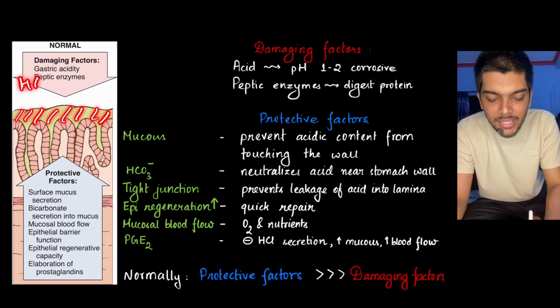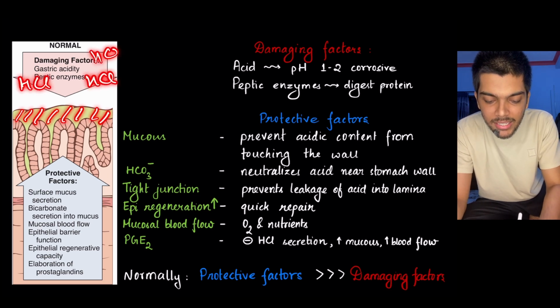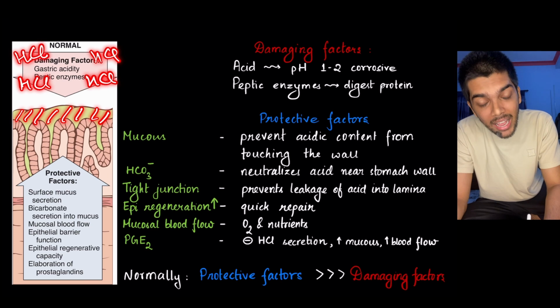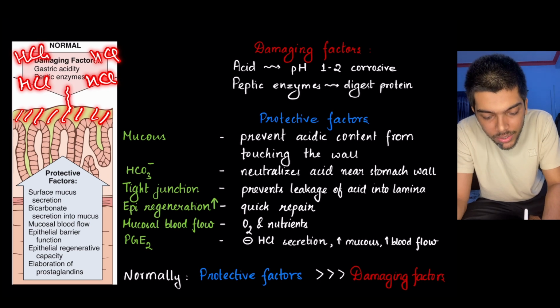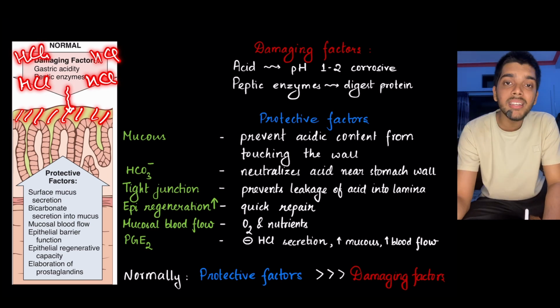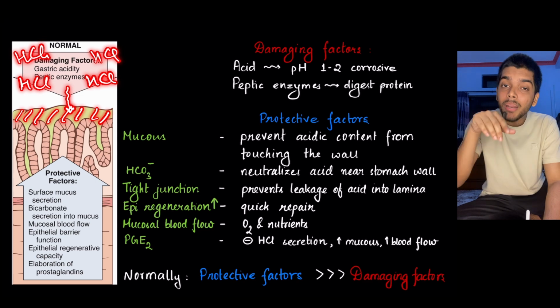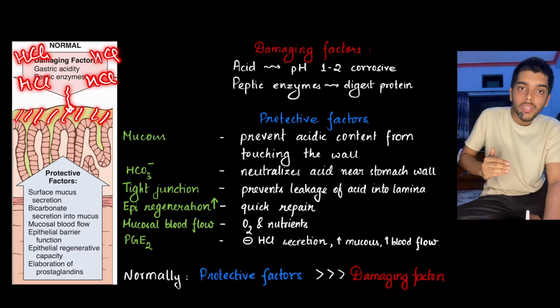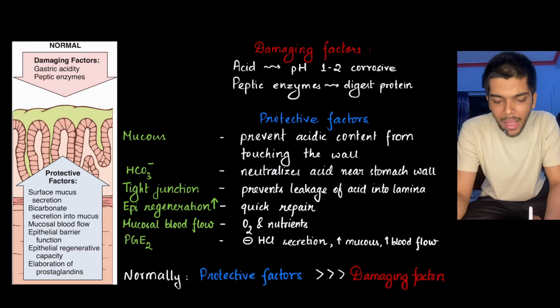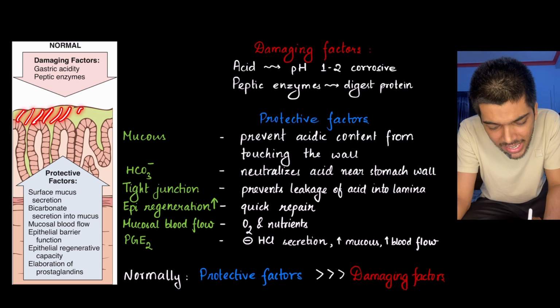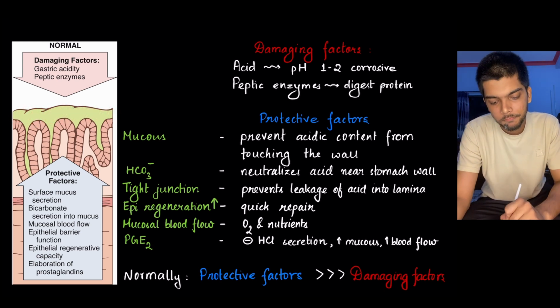Within the lumen, there is HCl. This HCl will not touch the wall of the stomach because there is a physical barrier in between HCl and the wall of the stomach. And that physical barrier is this thick green layer right here, and that is mucus.